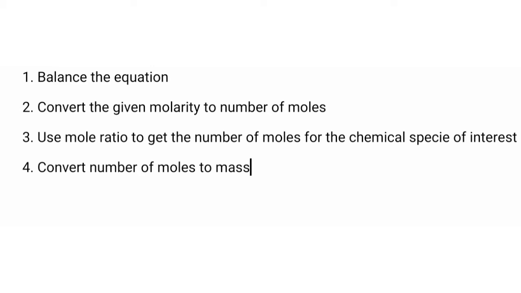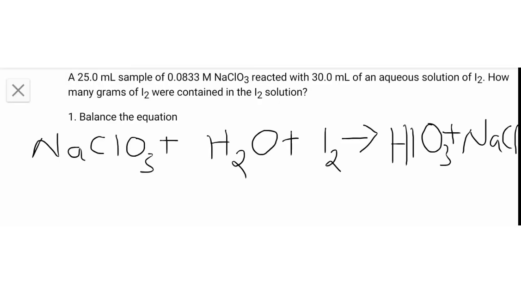So our chemical species of interest in this case is iodine. After calculating the number of moles, we're going to convert the moles to mass. So when you're given any question that is similar to this one, these are the steps that you follow. So let's now do step number one.